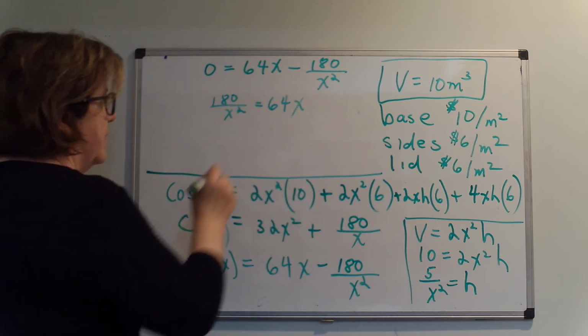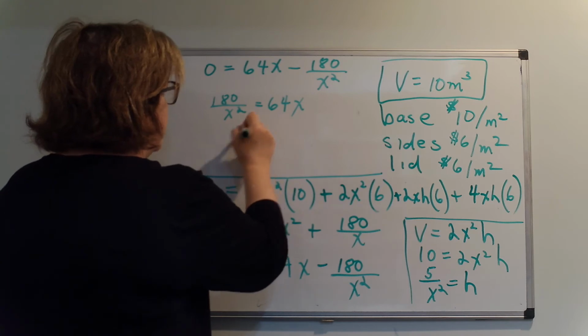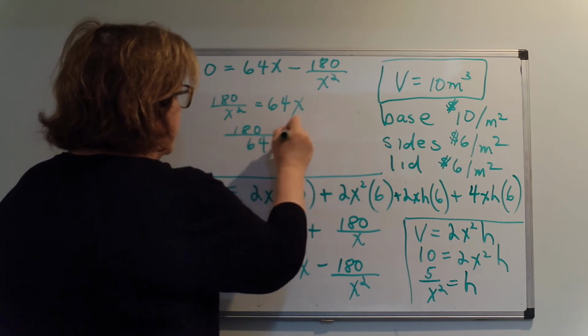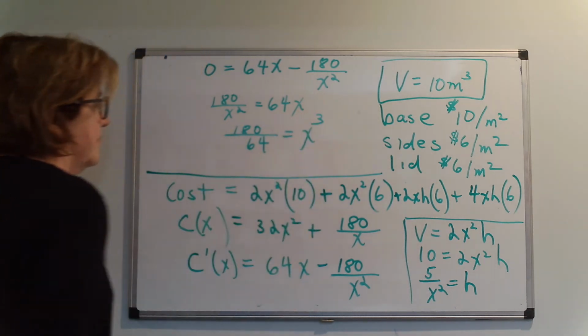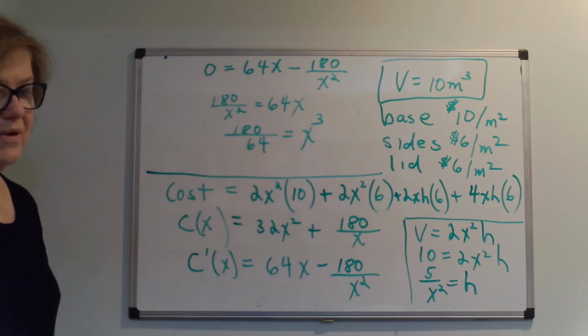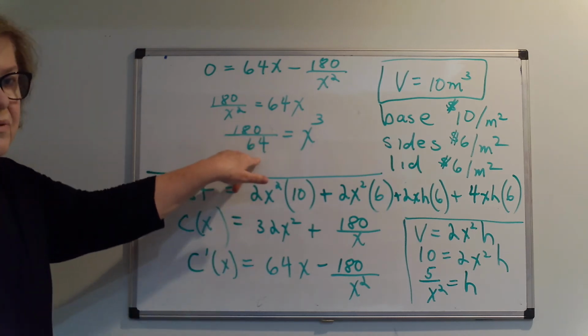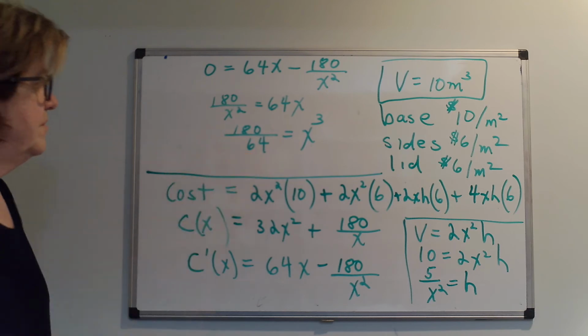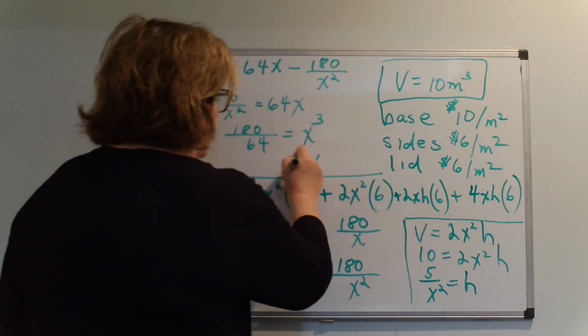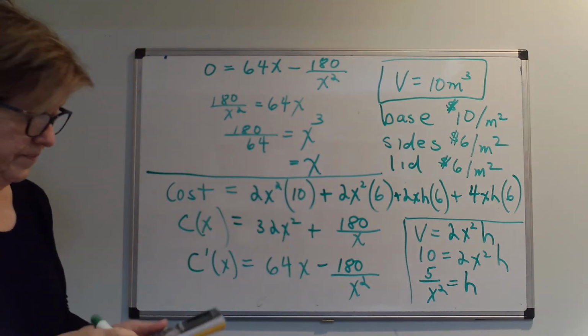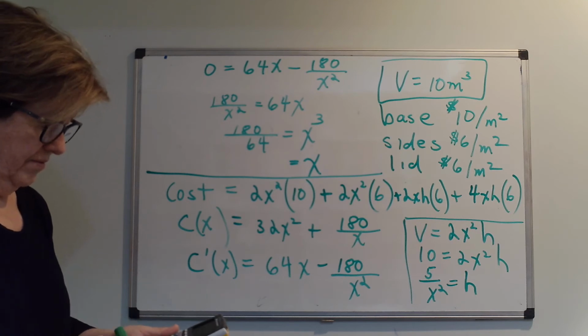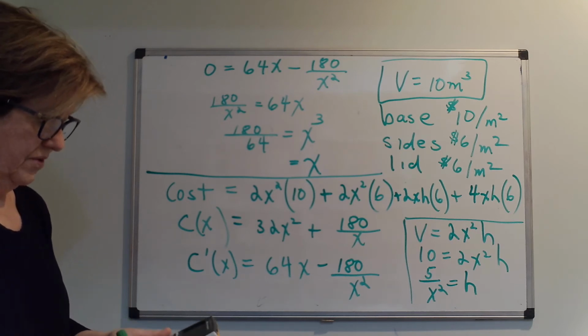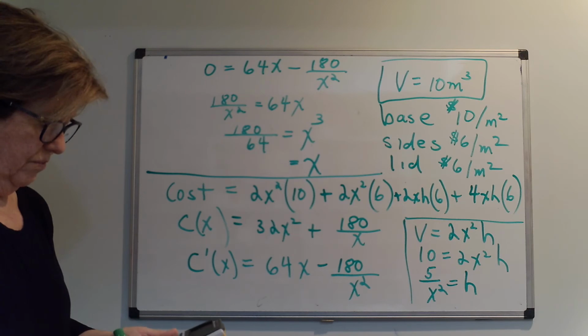Multiply both sides by x squared, divide by 64, and we'd have that. Okay, so how do we get x? We take the cube root of 180 over 64. So I'm going to do that on the calculator. 180 over 64 to the 1/3.